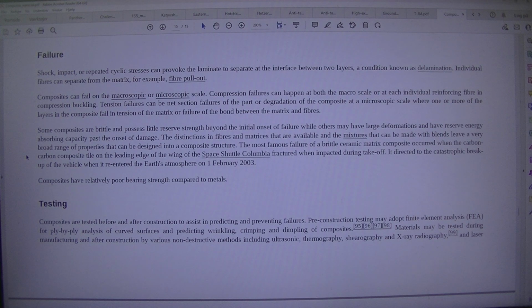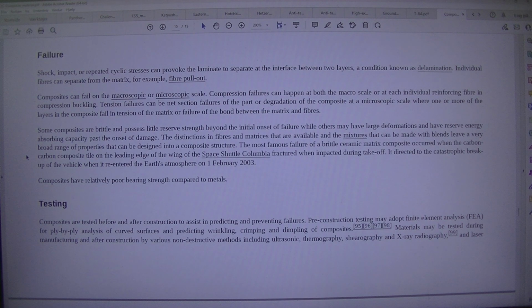Testing. Composites are tested before and after construction to assist in predicting and preventing failures. Pre-construction testing may adopt finite element analysis, FEA, for ply-by-ply analysis of curved surfaces and predicting wrinkling, crimping and dimpling of composites.